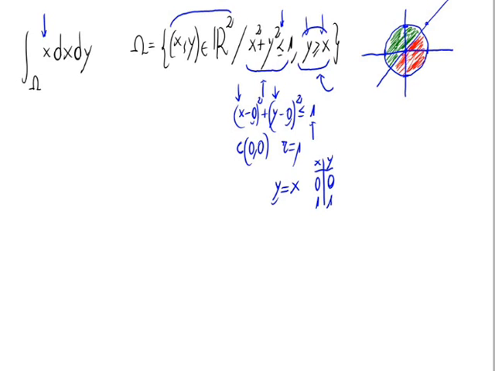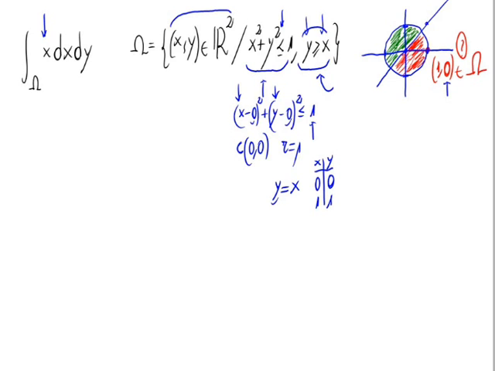And for knowing which part we have to calculate, let's try substituting some points. Let's go with the point (1, 0). Is this point (1, 0) from the set omega? We know that this point is already from the circumference, because it is on the perimeter of it.